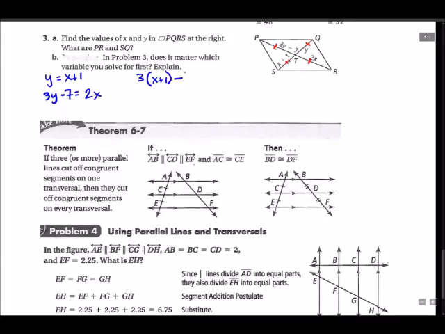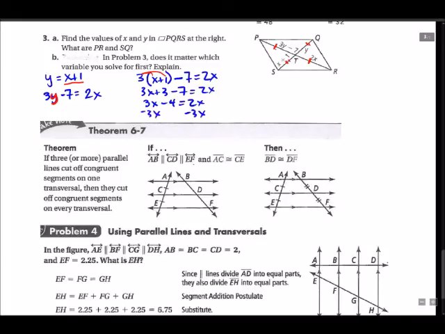Don't forget minus 7, because I'm taking just this y right here. I'm putting that in for that y, don't forget your parentheses, equals 2x. Don't forget to distribute to everyone. 3x plus 3 minus 7 equals 2x. 3x minus 4 is 2x.